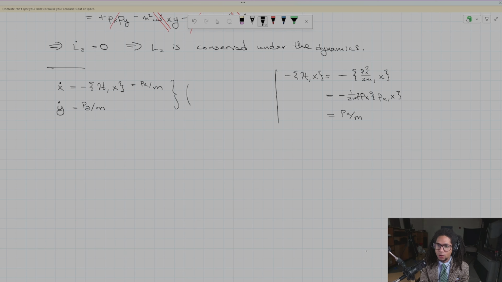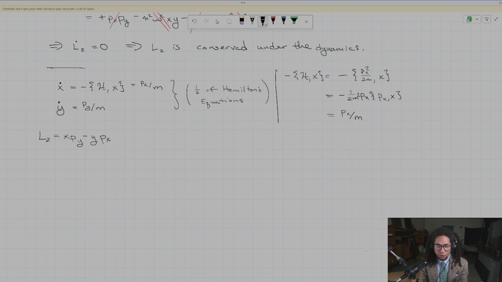We have not used the Hamilton equations for the momenta yet. But let's use the fact that we know that LZ is conserved. LZ itself is x times py minus y times px.